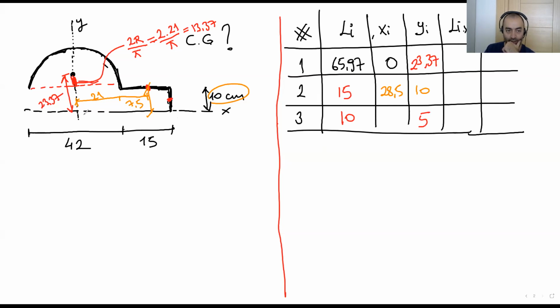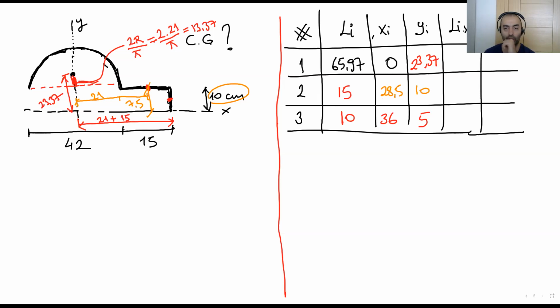And xi is a question. From here to here, 21 plus 15. So it's 36. Let me check. Yes.